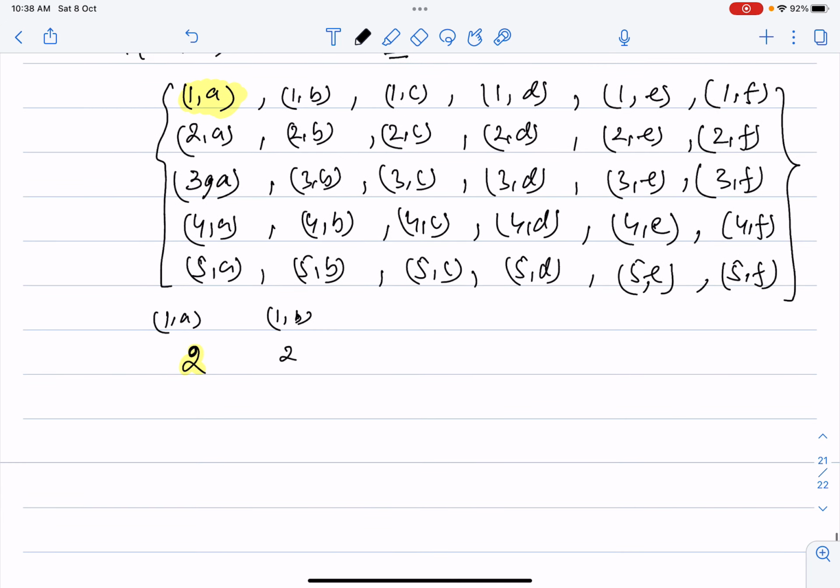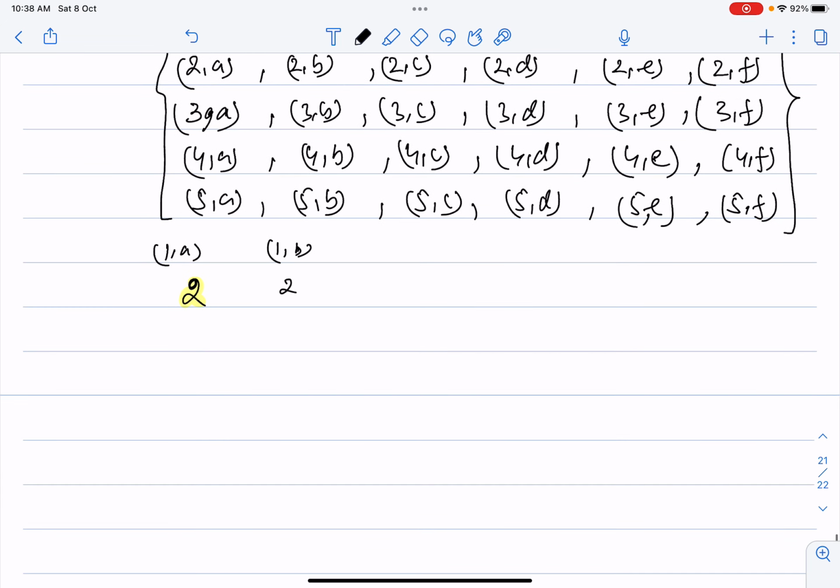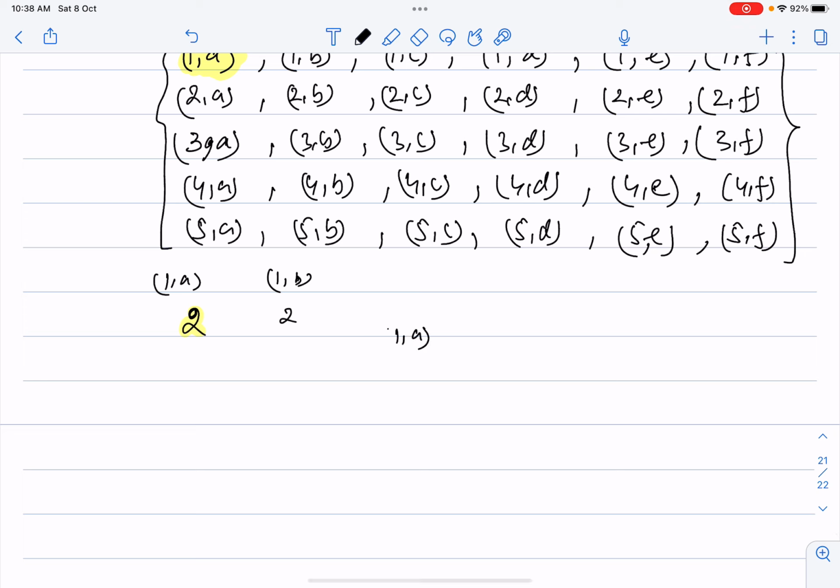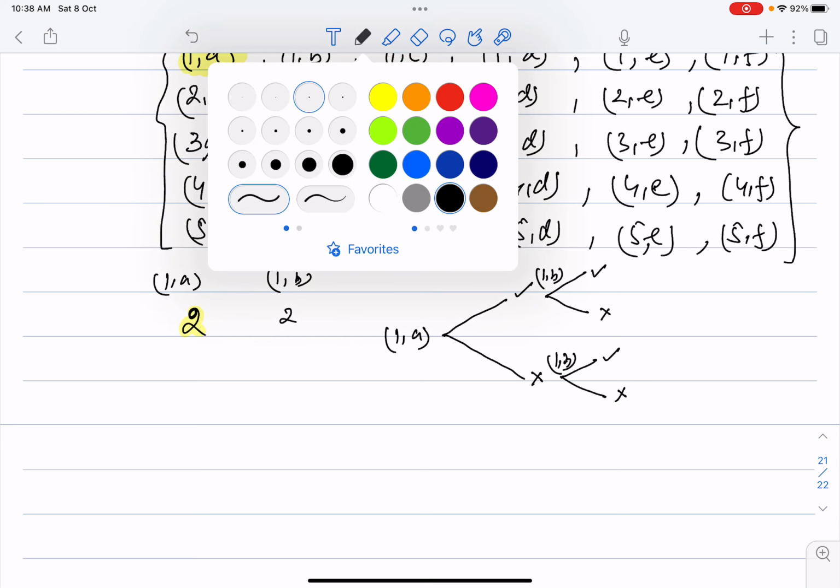suppose I take 1 comma a, let me make a tree diagram, you will easily understand. It can be there, or it will not be there. Corresponding to this, 1 comma b can be there or may not be there, and if 1 comma a is not there, 1 comma b can be there or cannot be there. So for these two ordered pairs there are four options.